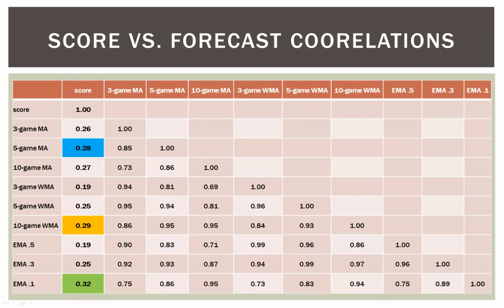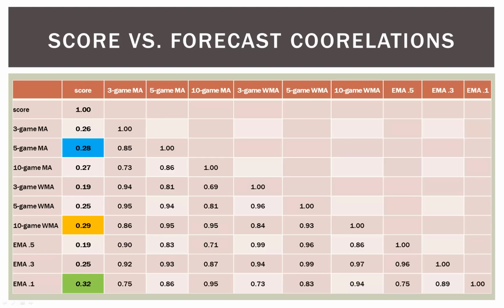Now the most important column here is the first column, and that's where we're correlating the score with each of our models. If you know anything about correlations, you know that correlations go from -1 up to +1. A correlation of +1 exactly is an exact correlation. So that's why the intersection of score and score is 1. It's a perfect correlation because it's correlating with itself.